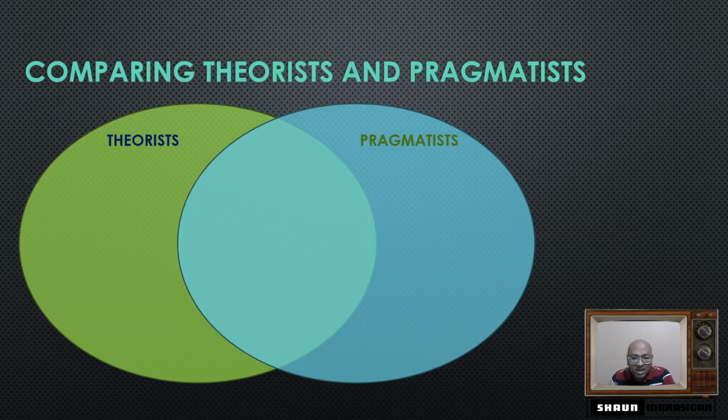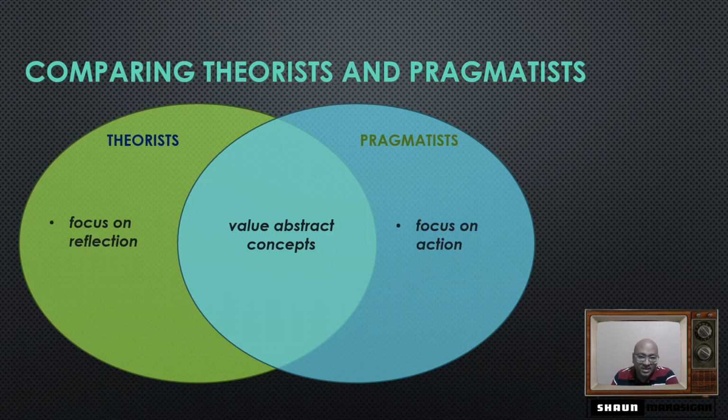So to sum it up, both theorists and pragmatists value abstract concepts, of course, but their approaches to learning are distinct. Theorists focus more on reflection, while pragmatists focus more on action. But both styles bring unique strengths to the classroom.